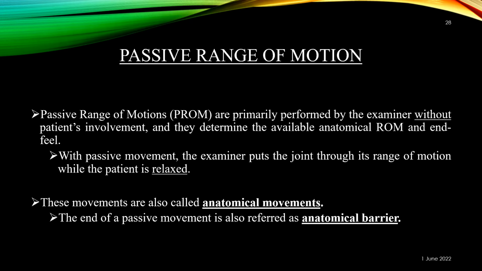It's a little bit of an advanced conversation. But the most important point of the passive range of motion is the client needs to be relaxed. And the second most important is the end feel, what you feel as the therapist at the end range of that particular motion.